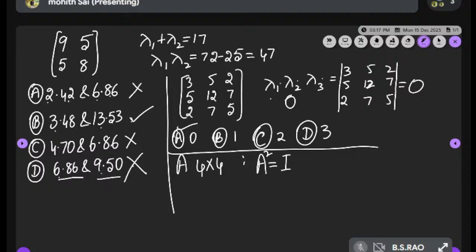Then the positive eigenvalue of A is... please write: positive eigenvalue of A is.